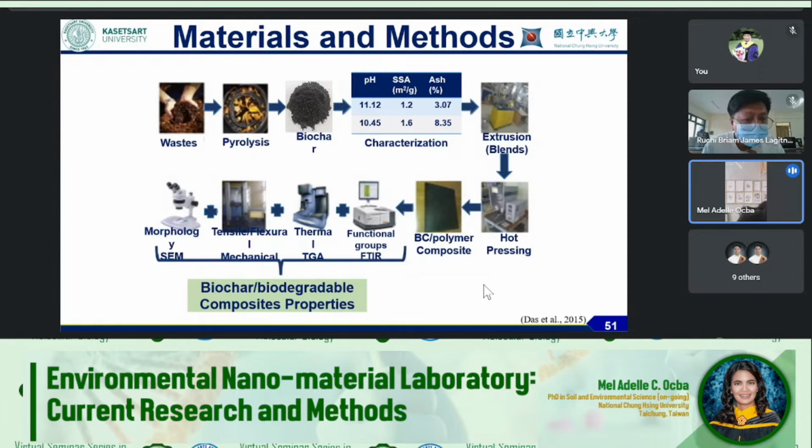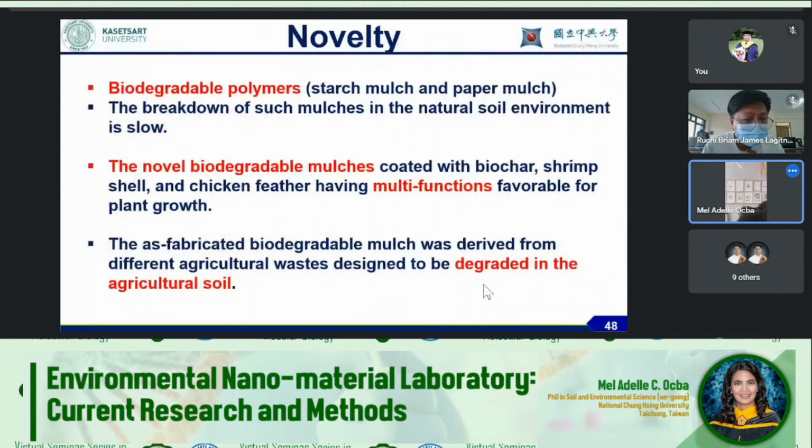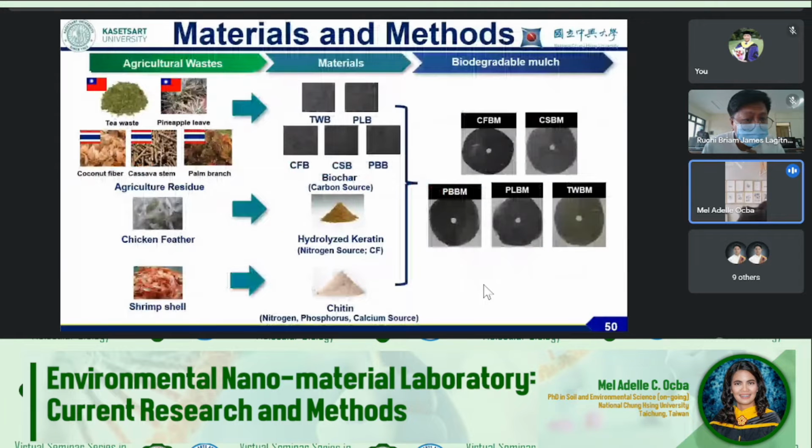So what we do here for the biochar, we synthesize the biochar first under pyrolysis conditions, and the biofilms undergo a process. Actually, for the chicken feather, our lab didn't make this one.